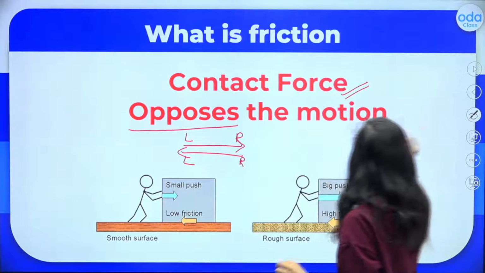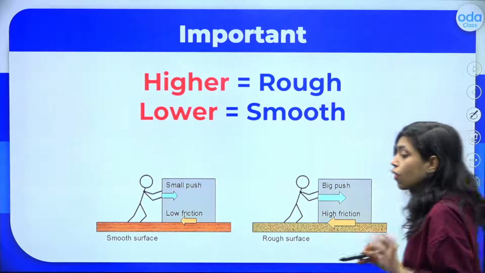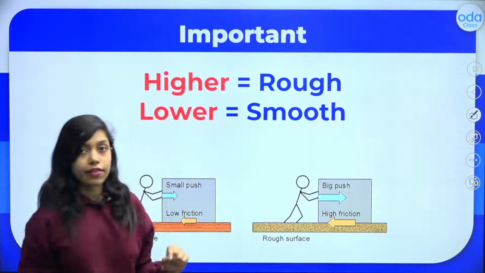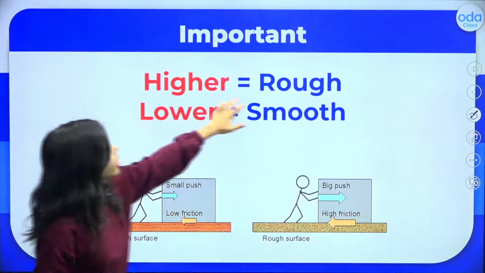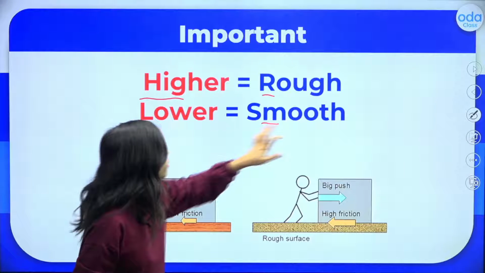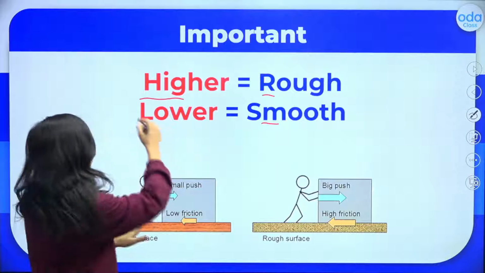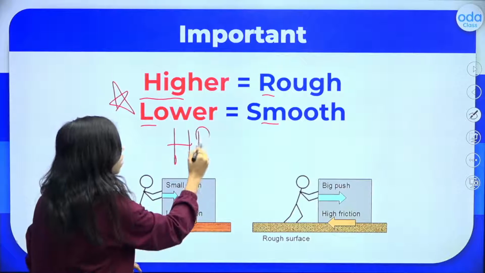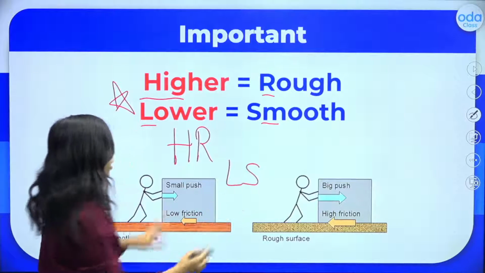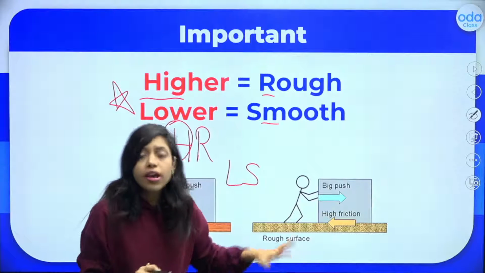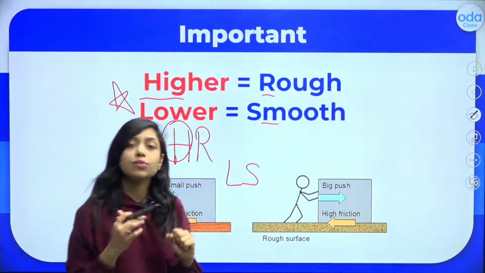That's great. So now, how is this friction caused? Friction is caused by roughness and irregularities of the surface, right? Whenever there is a rough surface, the friction will be higher, and whenever there is a smooth surface, the friction will be lower. This is a very, very important point. How can you remember? H, R, L, S, okay? Whenever high friction is there, the surface will be rough, and whenever low friction is there, the surface is smooth.